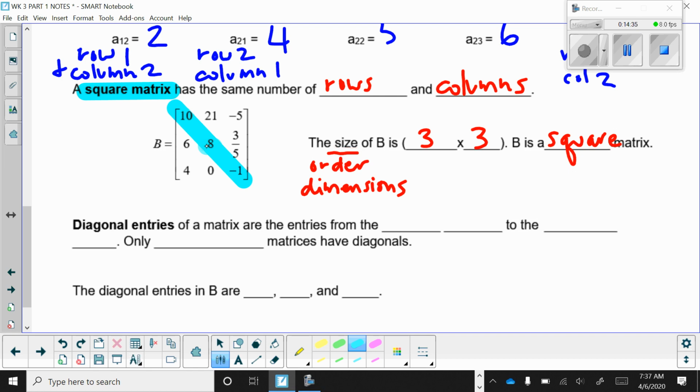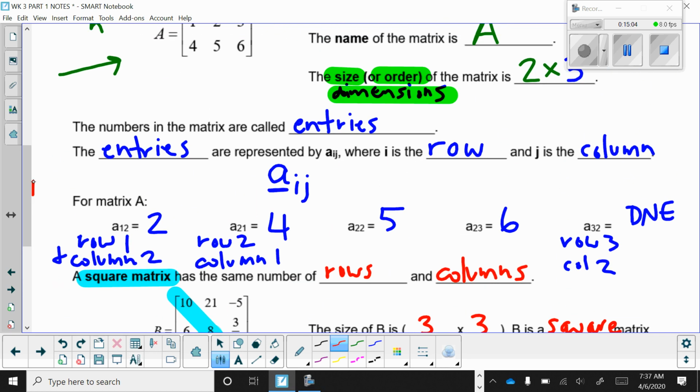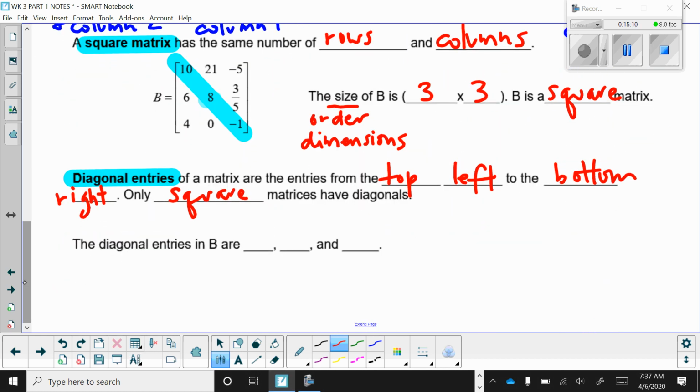So diagonal entries of a matrix are the entries from the top left to the bottom right. And only square matrices have diagonals. The diagonal entries in matrix B are 10, 8, and -1.